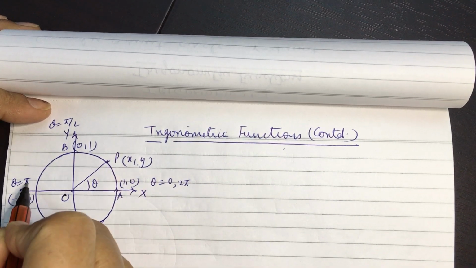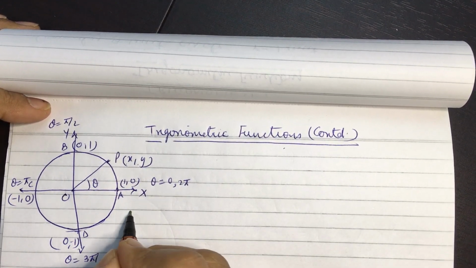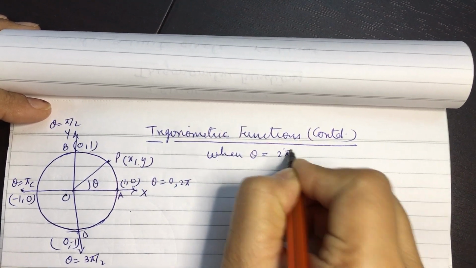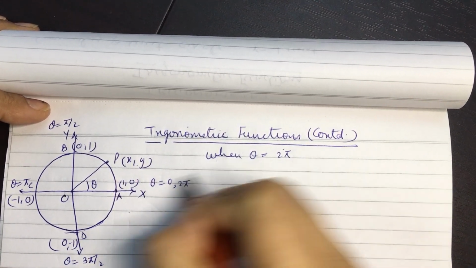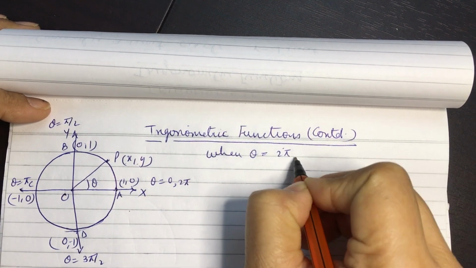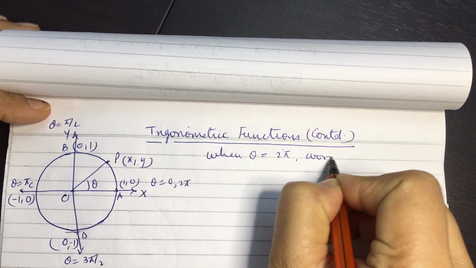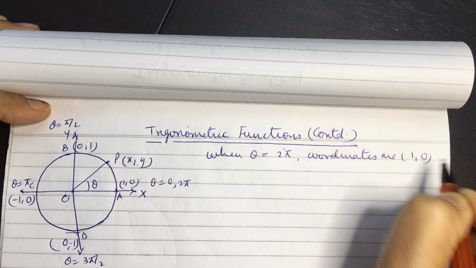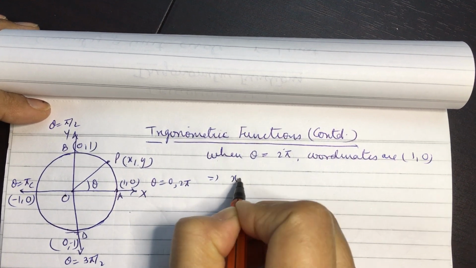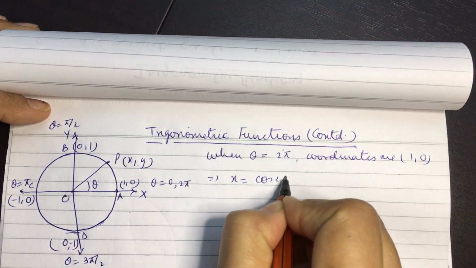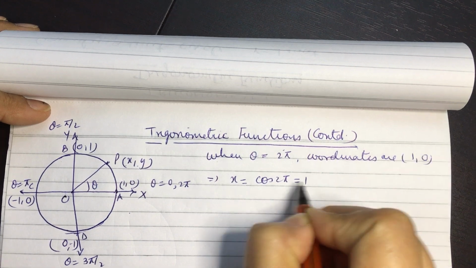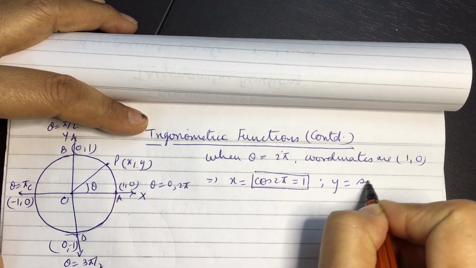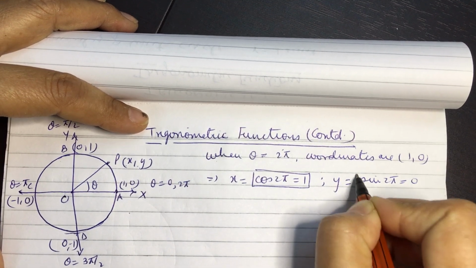This is A, this is B, this is C and this is D. When theta is 2 pi, we are back at the point A, the coordinates are 1 comma 0, and hence x equals cos of 2 pi equals 1 and y equals sine of 2 pi, which is 0.